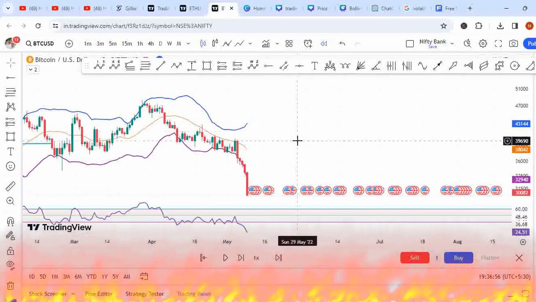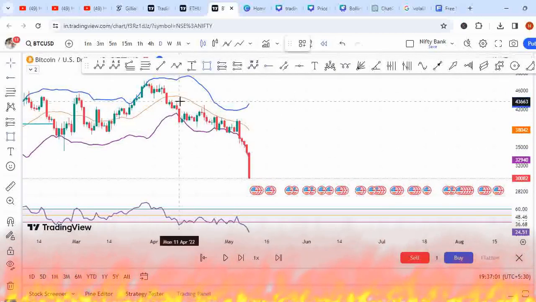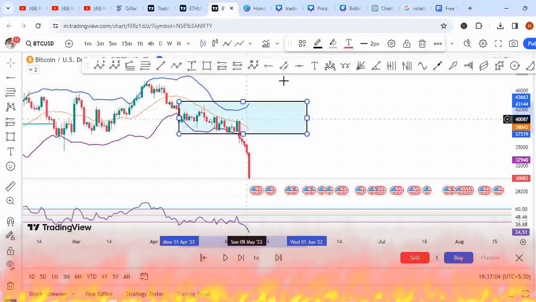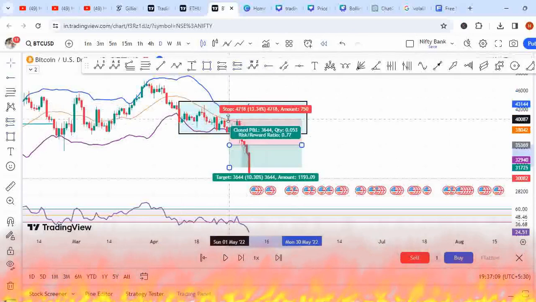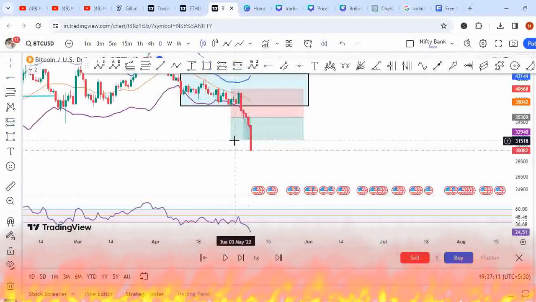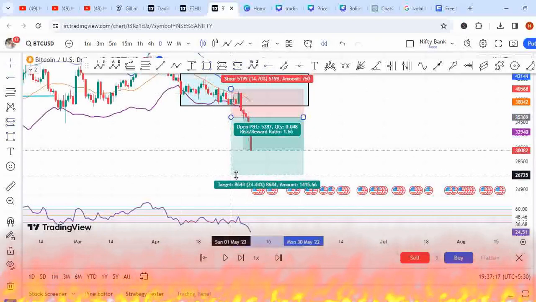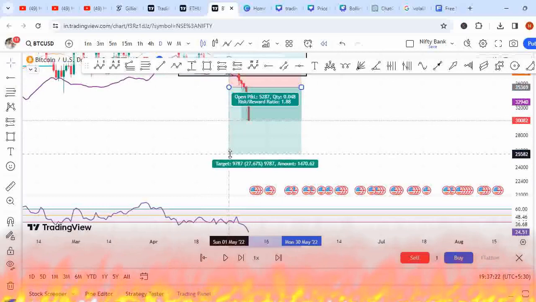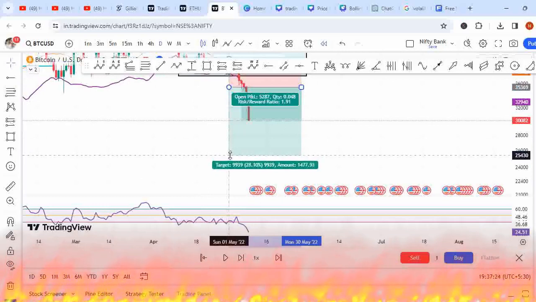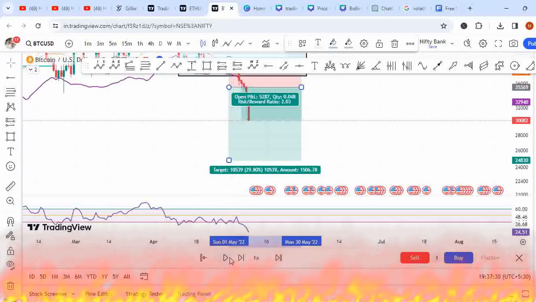Here you see, again there is a squeeze of the Bollinger Band, and you can enter into the short after the breaking down of this. Keep this high as your stop loss. Risk to reward ratio 1:2. Okay, let's check now.